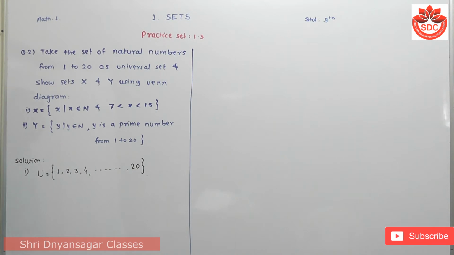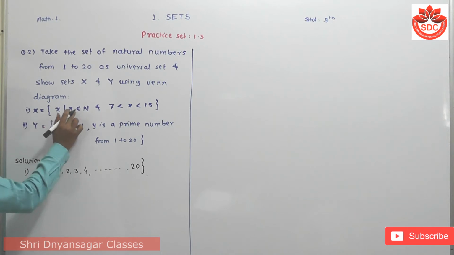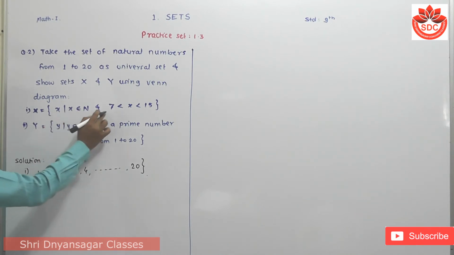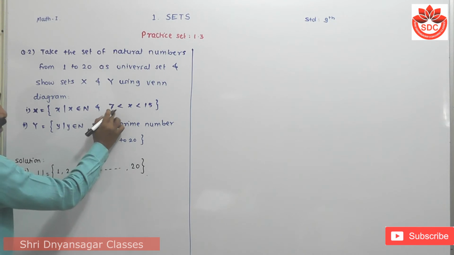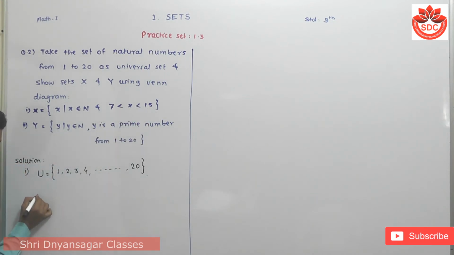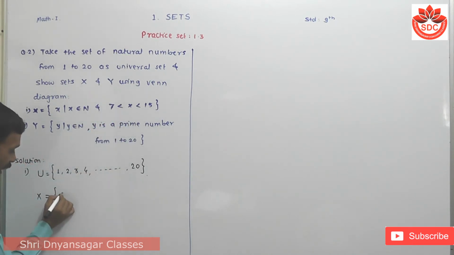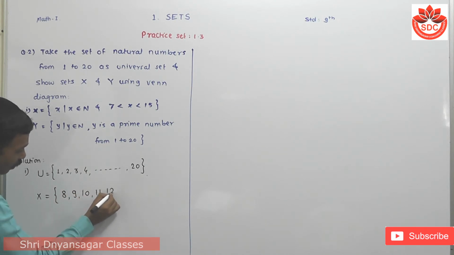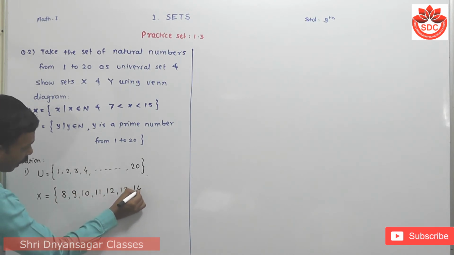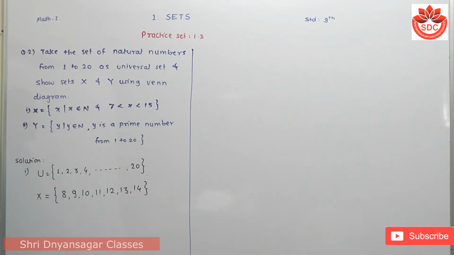We can write this way also. Then set x is the number such that x belongs to N, natural numbers, and which is in between 7 and 15. It means that x is the set of numbers in between 7 and 15, that is 8, 9, 10, 11, 12, 13 and 14.